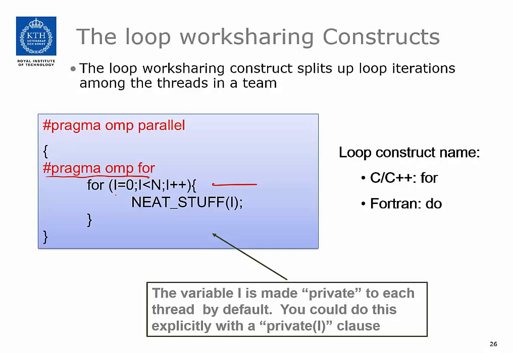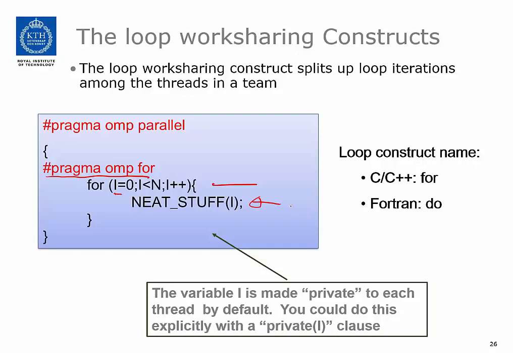The iteration variable i will be automatically made private to each thread, and then the iterations of this for loop will be divided so that each thread gets a portion of the for loop to execute. And you as a programmer will have to make sure that the loop body, the iterations body, can be executed in any order, and in particular in parallel.